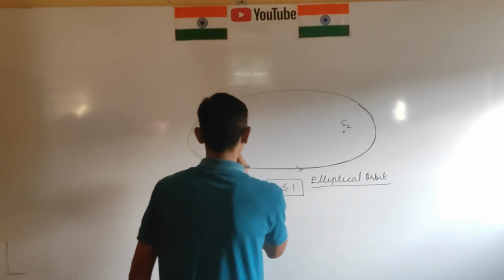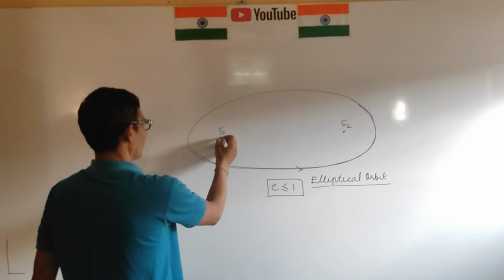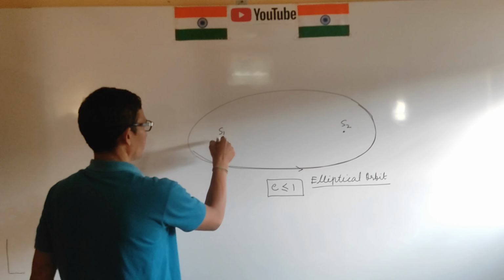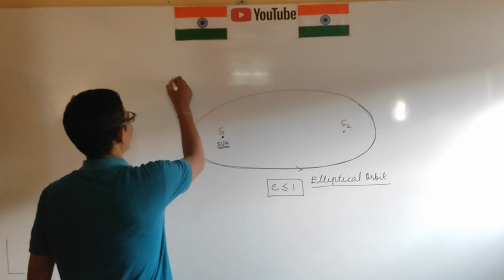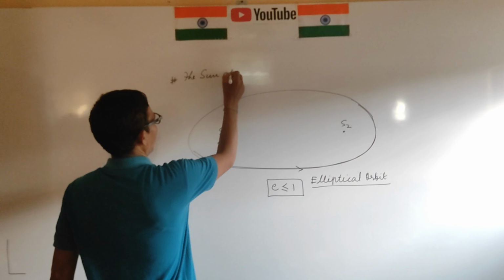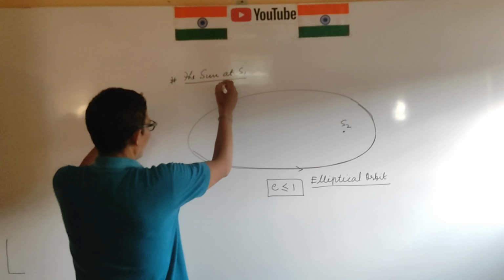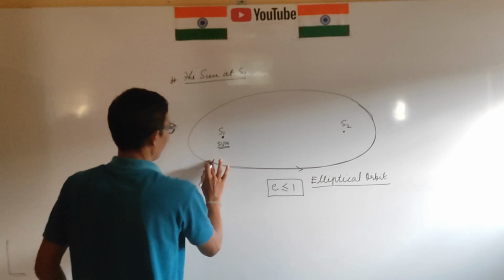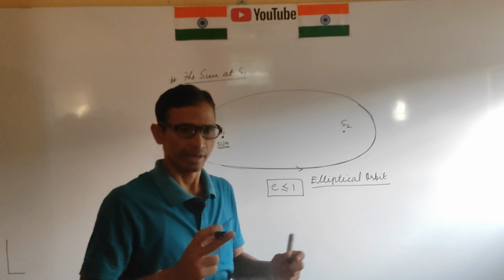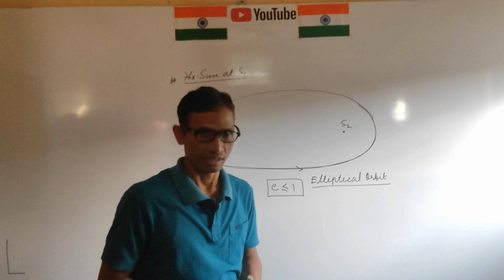Suppose the sun is present at S1. Then this region is called perihelion, and perihelion means the point that is very close to the sun.